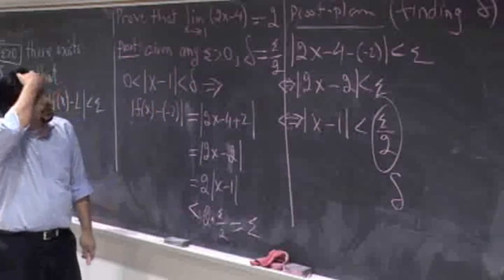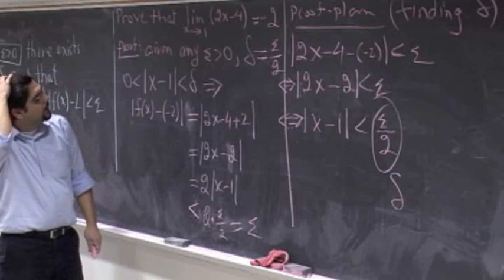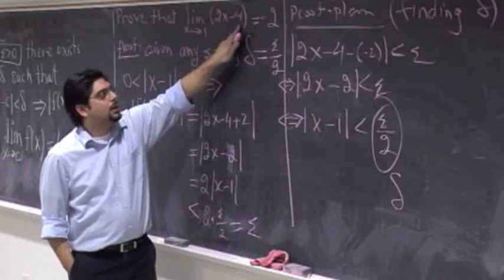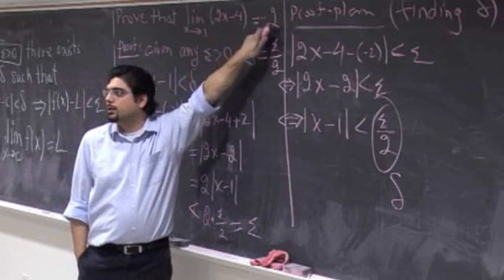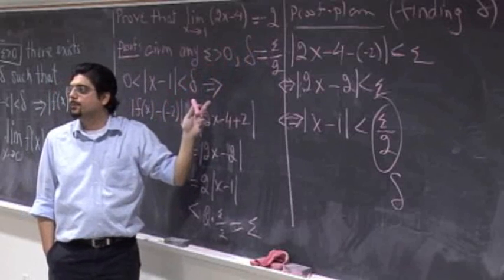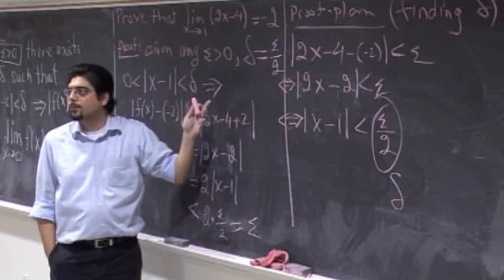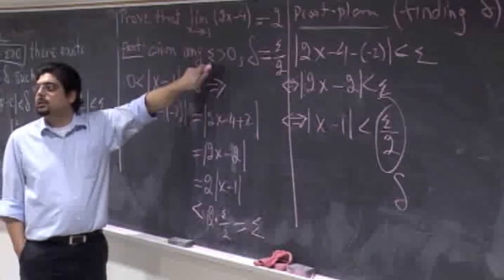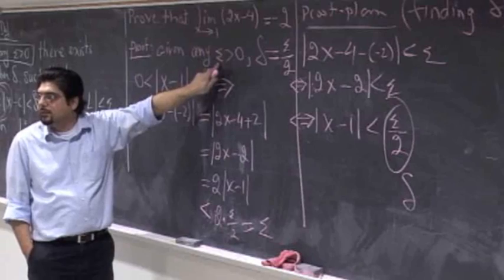In other words, if I want f(x) to be 1 unit away from here, how far does x have to be from 1? If epsilon is equal to 1, what is delta? 1/2. Okay?